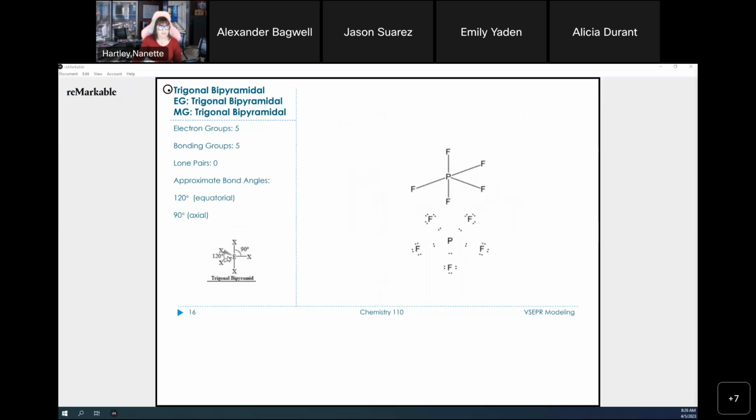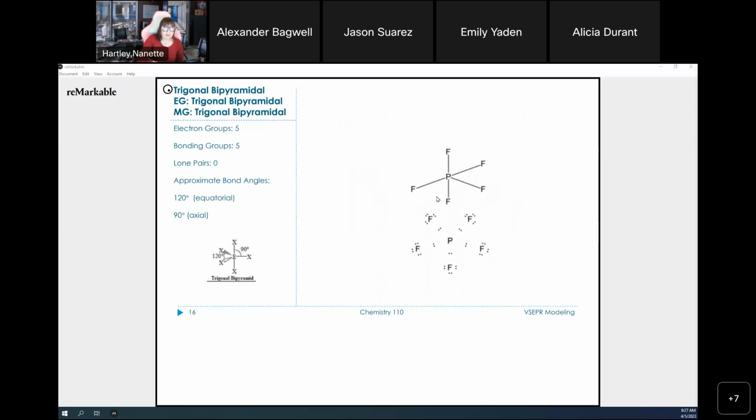In 3 dimensions, we see that this one is going back, this one is coming towards us, this one is in the plane. These 2 are also in the plane. We have approximately 90-degree angles between the up and the plane, and 120 degrees in the plane. Okay, so those are the ones that we're talking about. And that's what this looks like when everything is a bonding group. It's called trigonal bipyramidal. Spelling does not count, so don't worry about that.